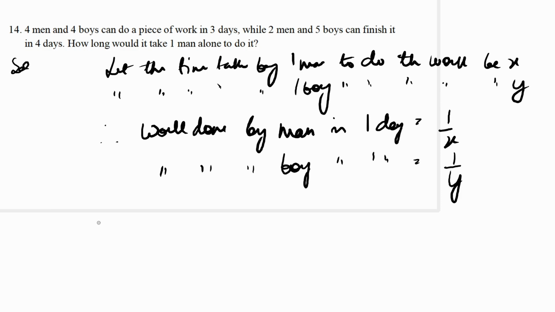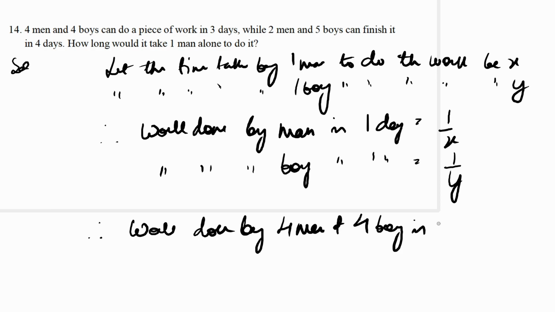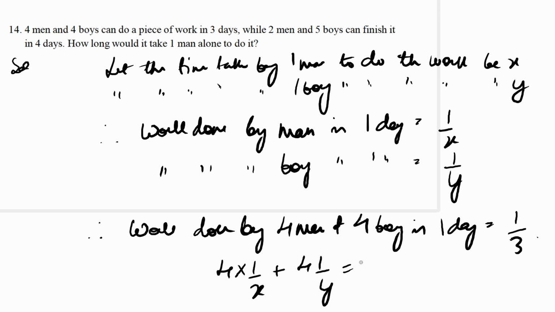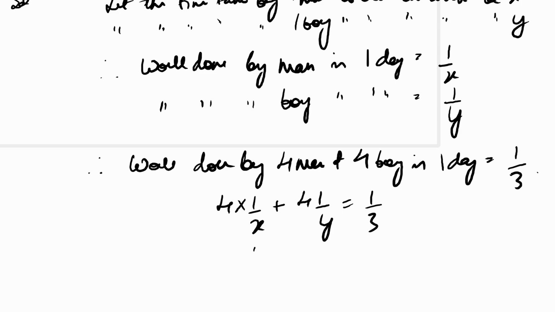We can say work done by 4 men and 4 boys in 1 day. They are given 3 days to finish the work, so it will be 1 by 3. So 4 into 1 upon X plus 4 into 1 upon Y is equal to 1 upon 3. That is 4 upon X plus 4 upon Y is equal to 1 upon 3.